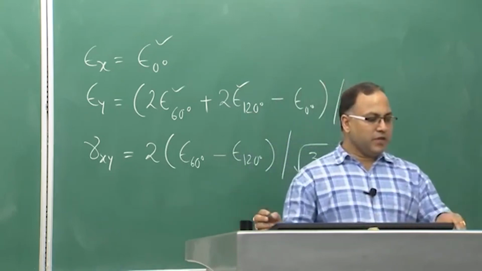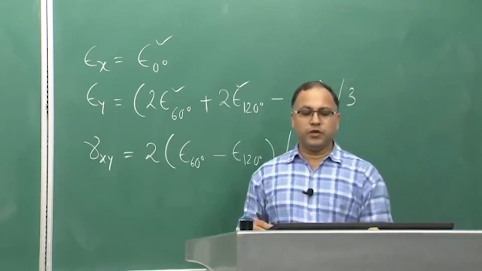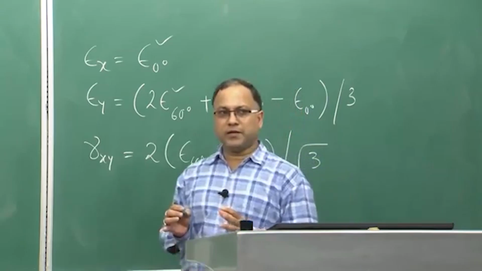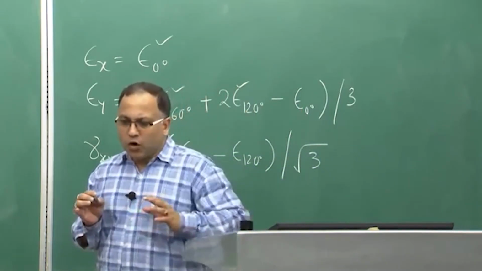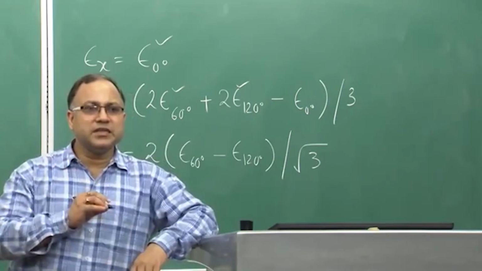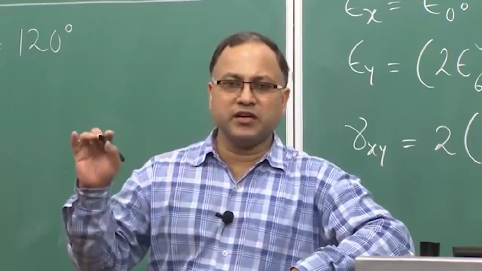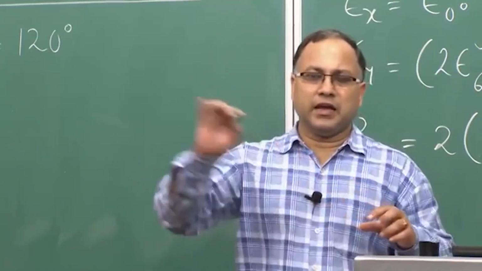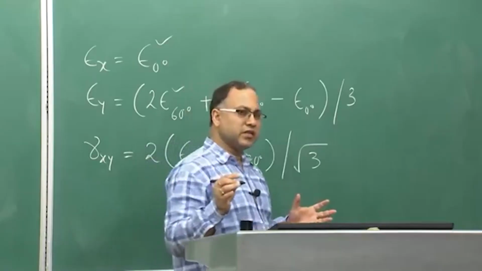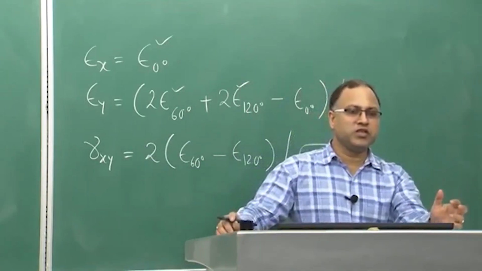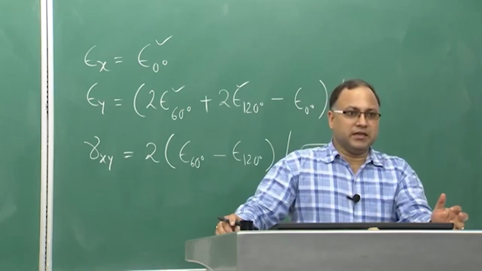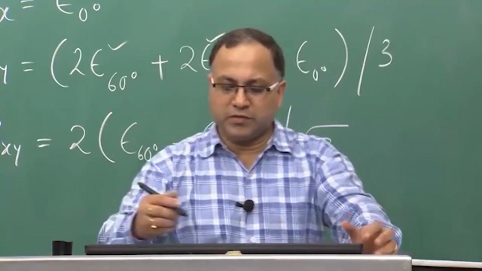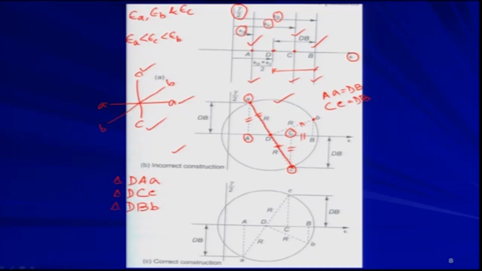Now, because your strain gauge is measuring a normal strain, that does not mean that along that axis there will be no shear strain. On that particular plane there will be no shear strain, you cannot say like that. That is very true from this figure. So, point A will be denoting plane A, that means this is the axis here.